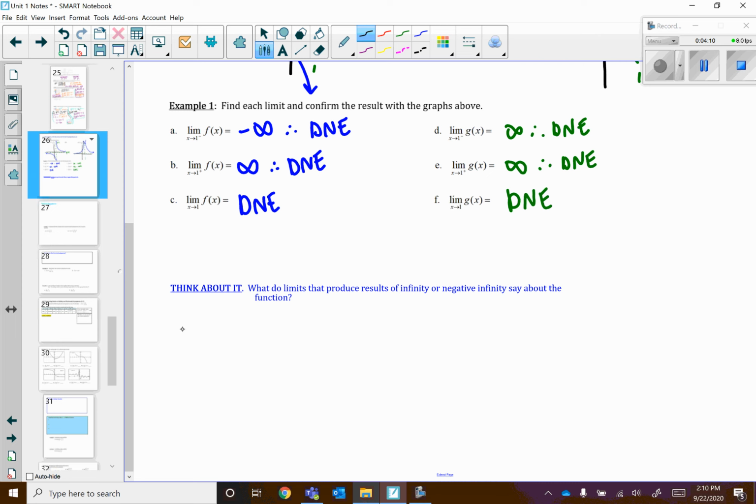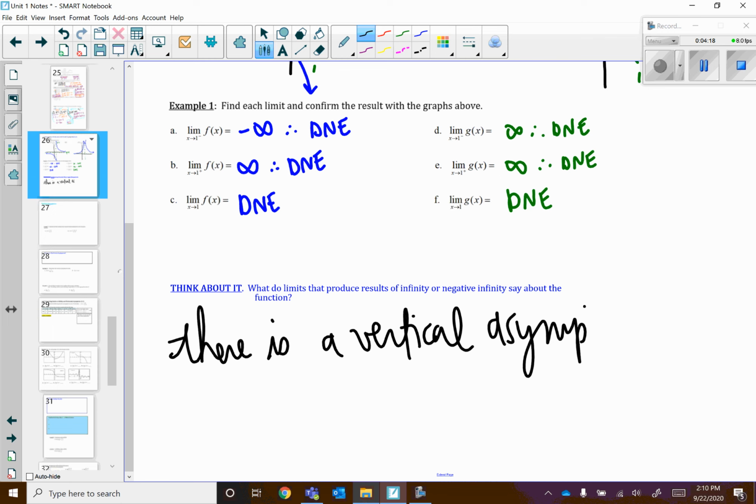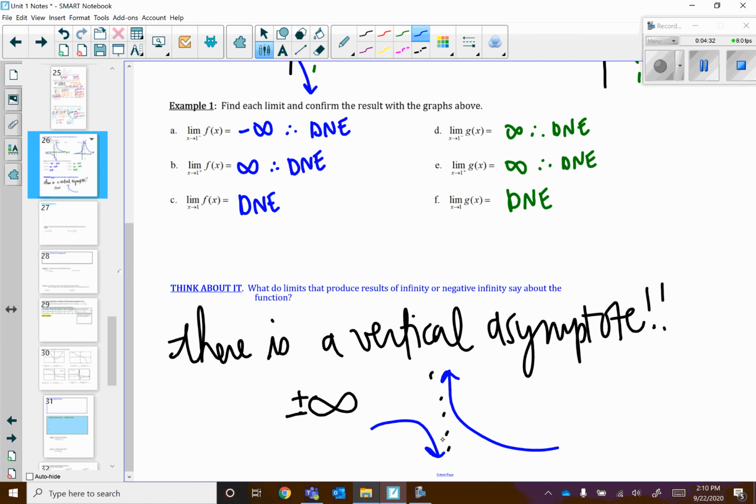Well, we would know that there is a vertical asymptote, because my function is approaching either positive or negative infinity. Thus, it's going up towards that asymptote or down towards negative infinity.